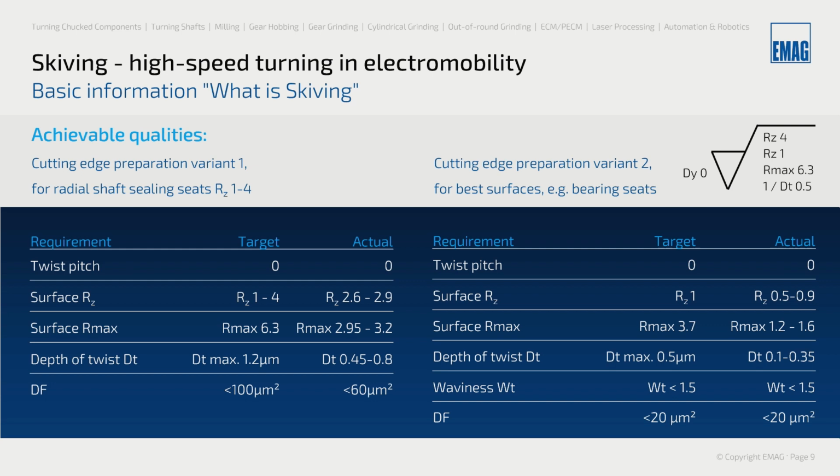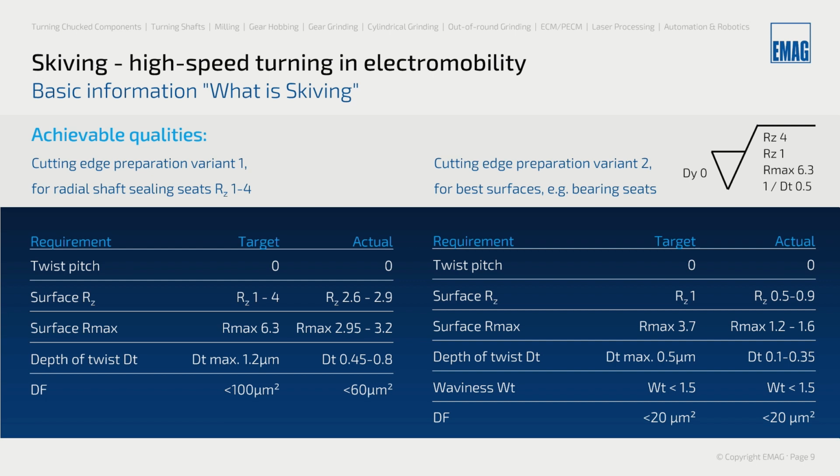On the left side, the insert for a sealing diameter with RZ 1 to 4. Twist pitch is 0. This means that it's lead-free. Then the RZ is normally between 2.6 and 2.9. This is why it's a bit different than with conventional turning. If we start with RZ 3, over the tool life the surface quality gets better.